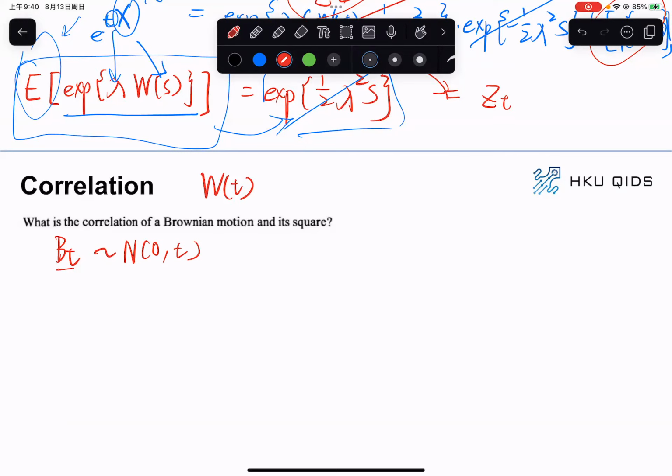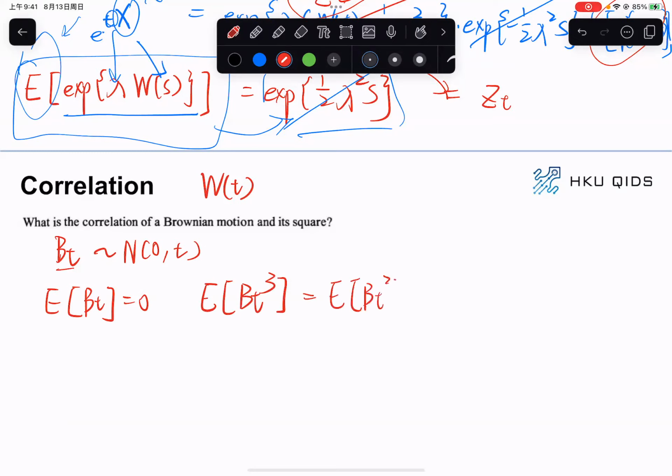So by symmetry, we have E[B_t] equal to 0, and E[B_t^3] is going to be E[B_t^2] multiplied by E[B_t], which is also 0.